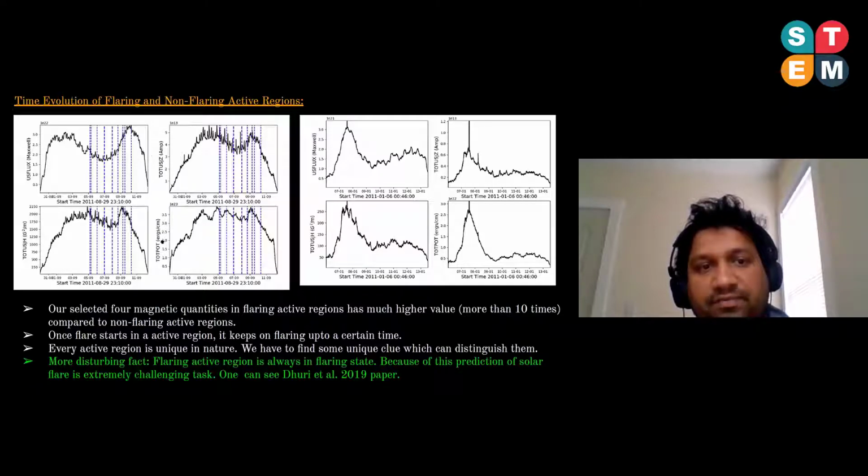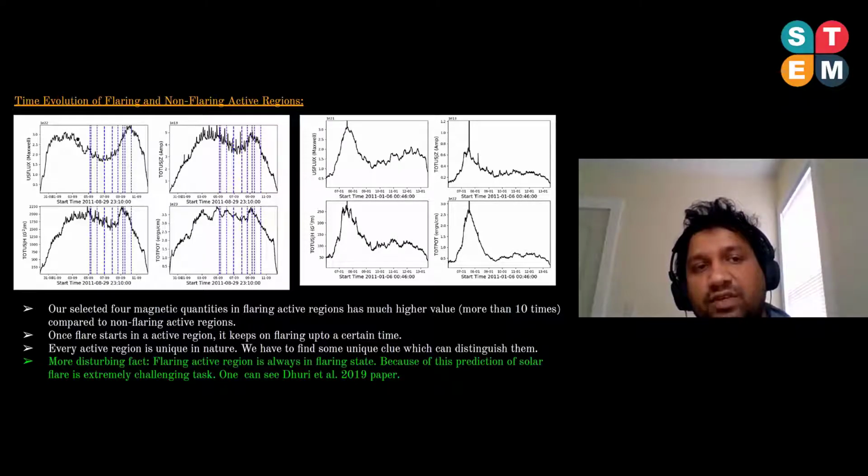And these are the other parameters: the total unsigned vertical current, total unsigned magnetic helicity, and total photospheric magnetic free energy density, and how they evolve with time. You see these blue dot-dash lines, which are the times when the flare takes place.